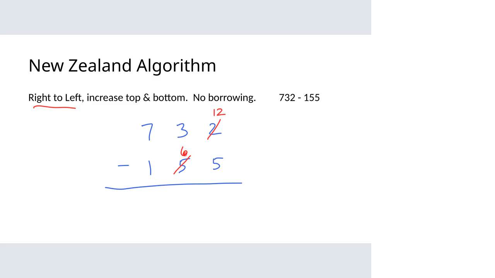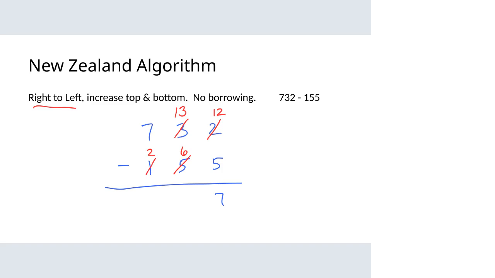Now I can do 12 minus 5 over there in the ones column and get 7. I move over to the tens column, and boy, I sure would like to do 3 minus 6, but I can't. So I'm going to have to increase this to 13. I've increased it by 10 tens, or 100. Well, if I increase the top number by 100, I need to increase the bottom number by 100. You'll notice I haven't borrowed anything.